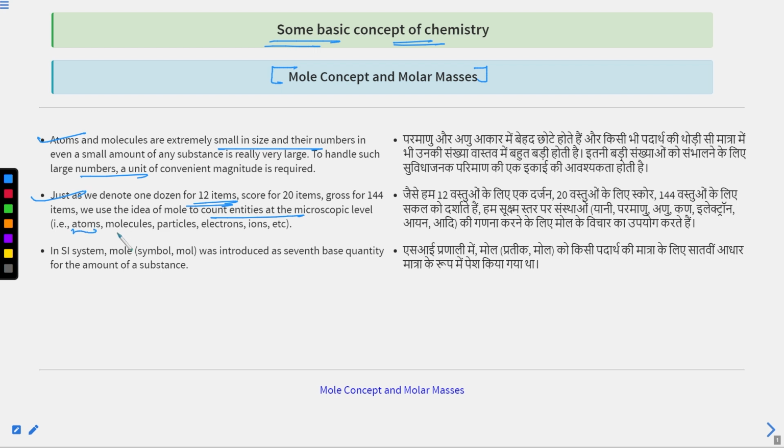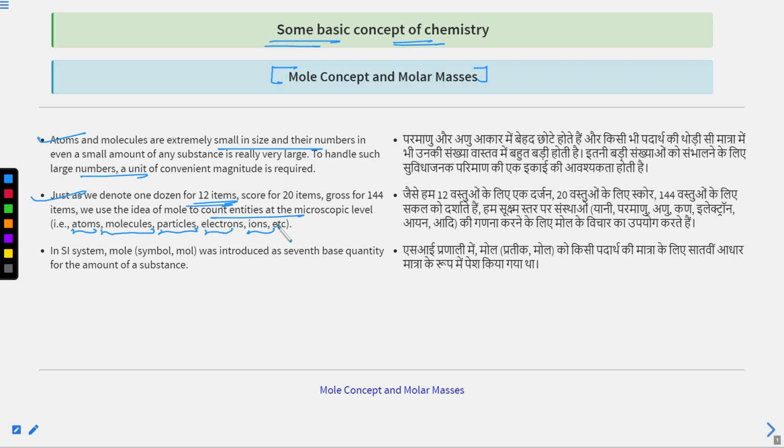Microscopic level means atoms, molecules, particles, electrons, protons, neutrons, ions, cations, anions, etc.